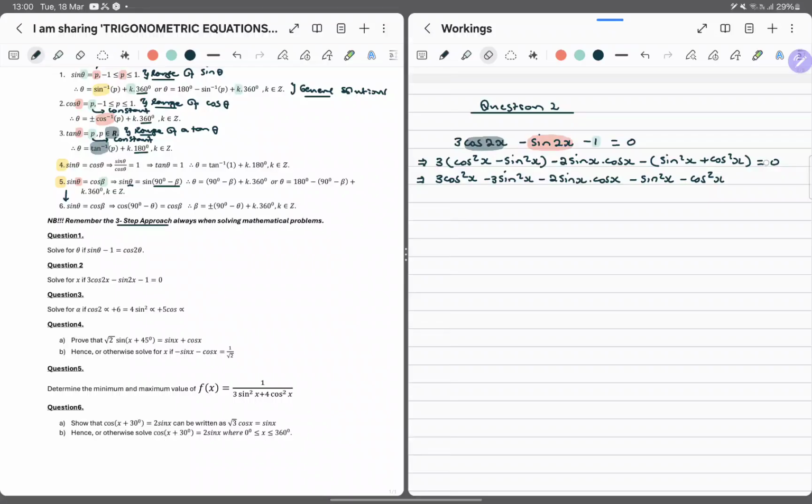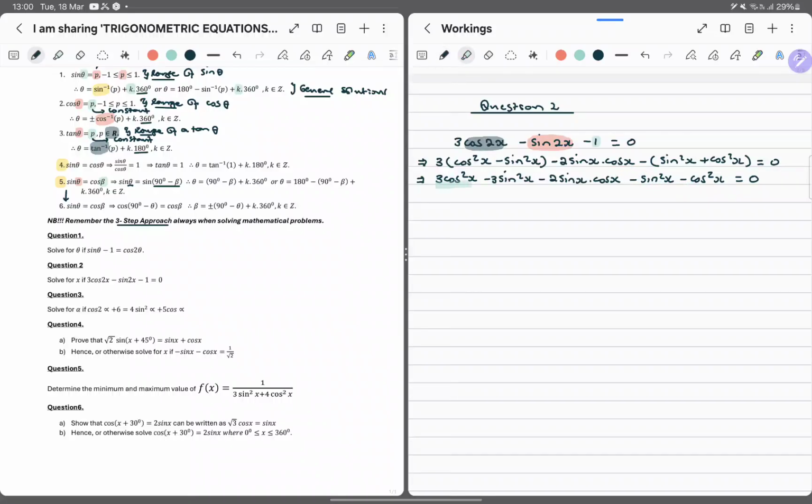Oh, by the way, the 1 disappeared. Alright, so this is what we have. Can you see? We're cruising nicely.